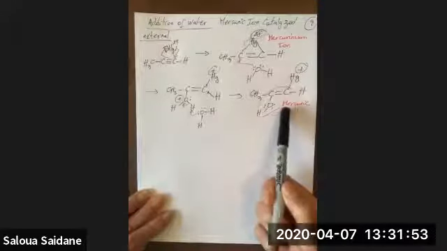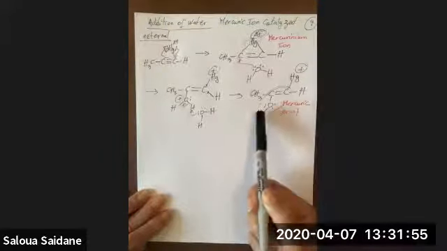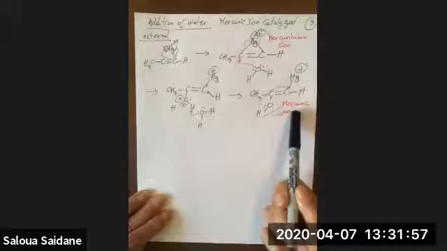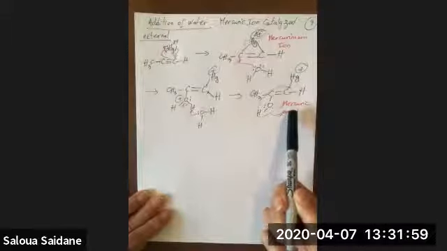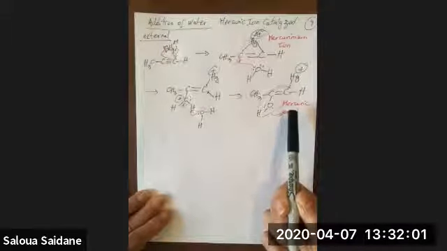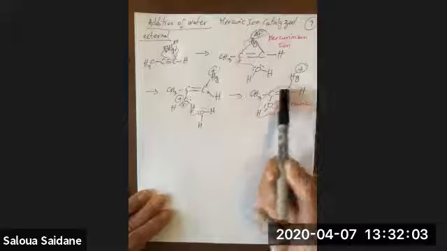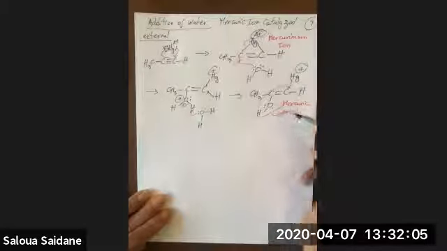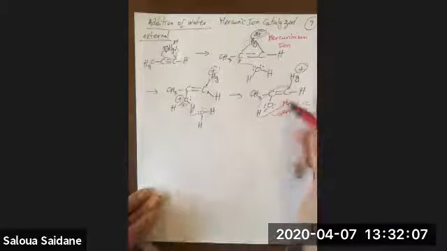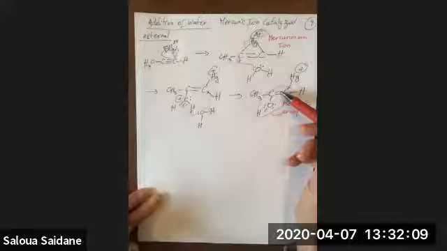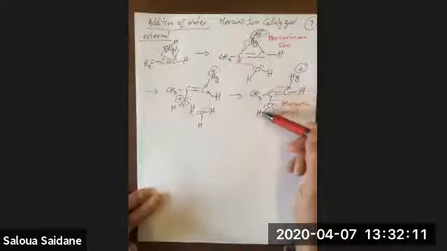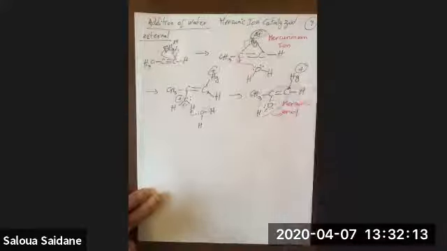Now, what does an enol do? It's not stable, so it has to go to a more stable position. So what is it? It's a ketone. So what does it mean? This bond moves here, this hydrogen moves there.